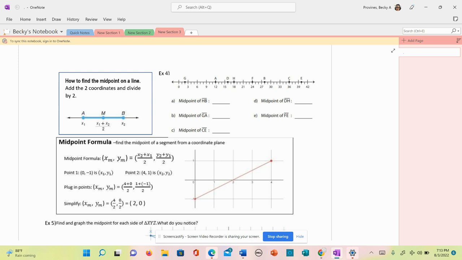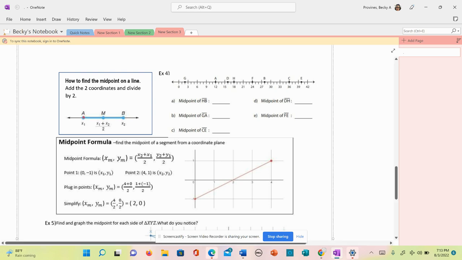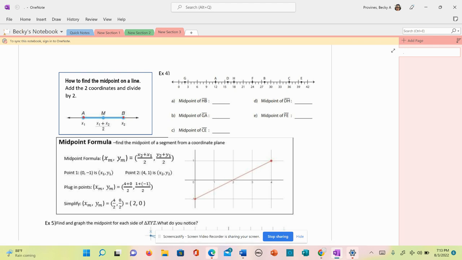All you're going to do is take the two numbers, like the A and the B, whatever the number is, and you're going to add those two together and divide by 2. Guys, it's an average. Like if you have two test scores, what's the average? You add them up and you divide by 2.